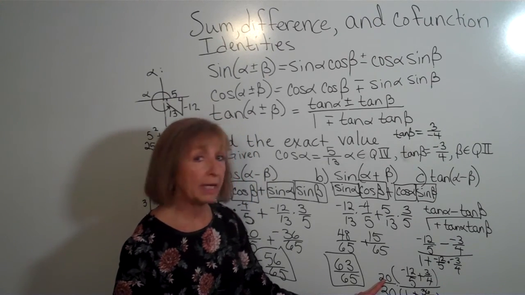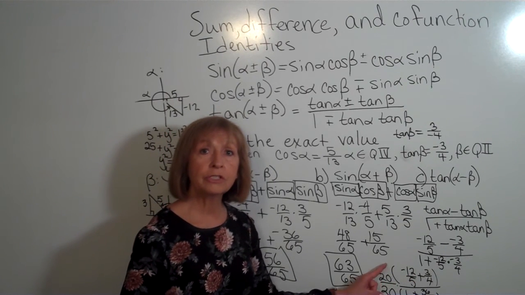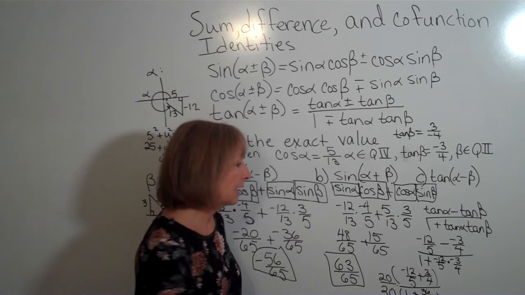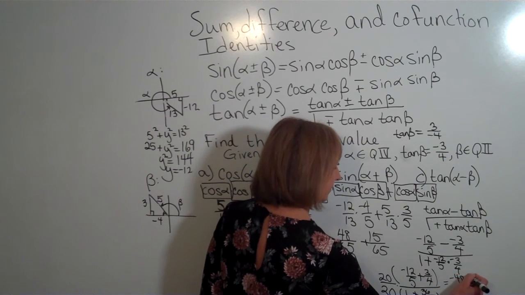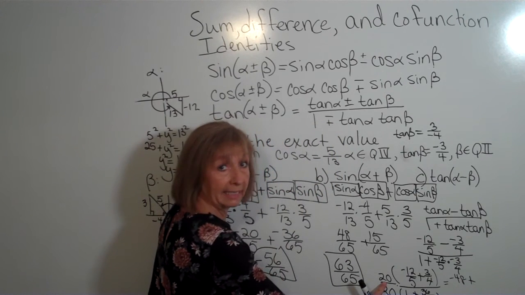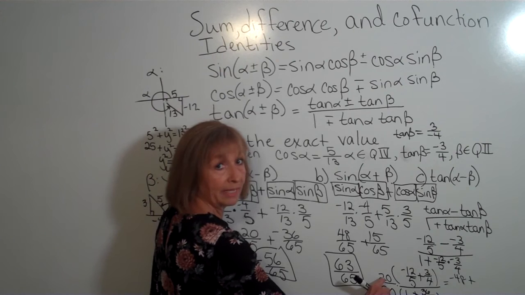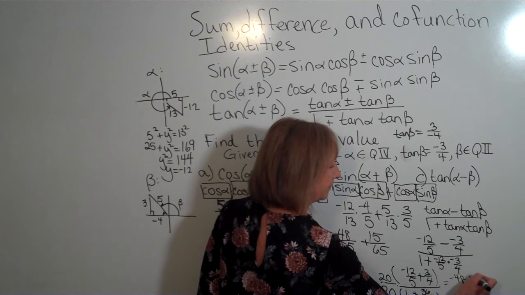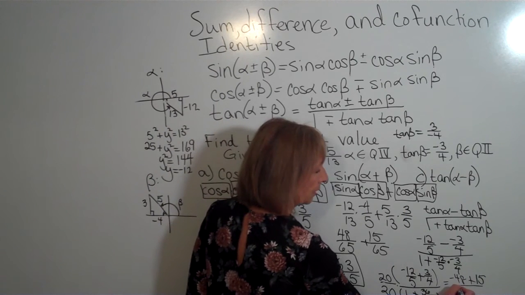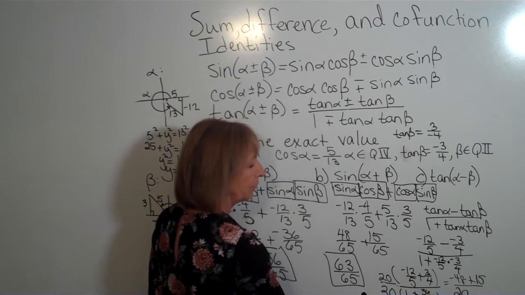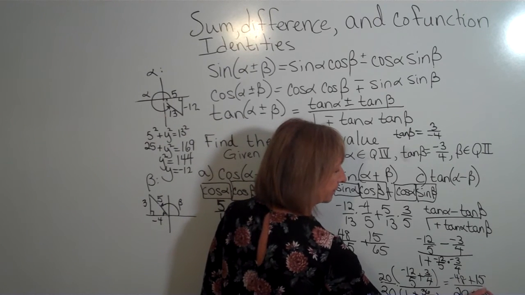So when I take 20 times negative 12/5, 5 goes into 20 4 times. 4 times negative 12 is negative 48. When I take 20 times 3/4, 4 goes into 20 5 times, and 5 times 3 is 15. When I take 20 times 1, it's 20. And when I take 20 times 36 over 20, I get 36.